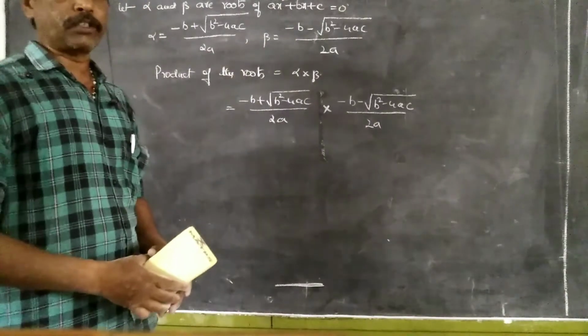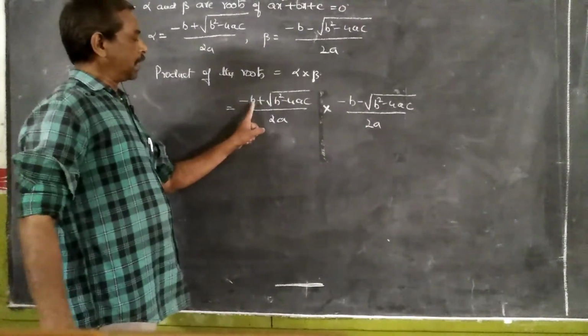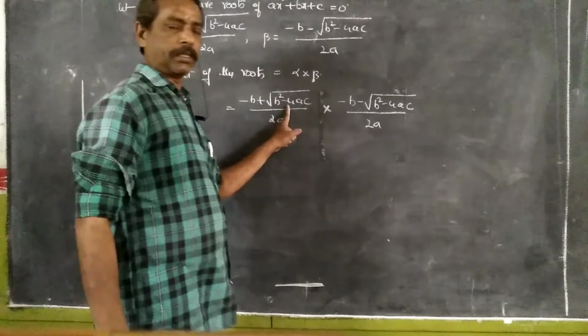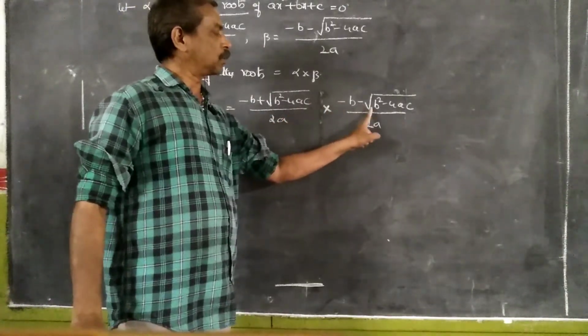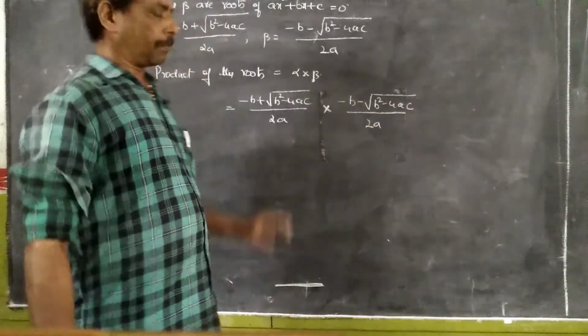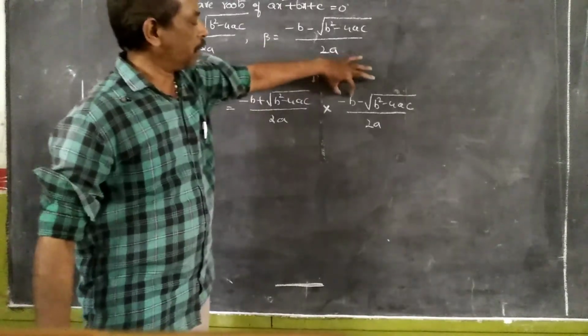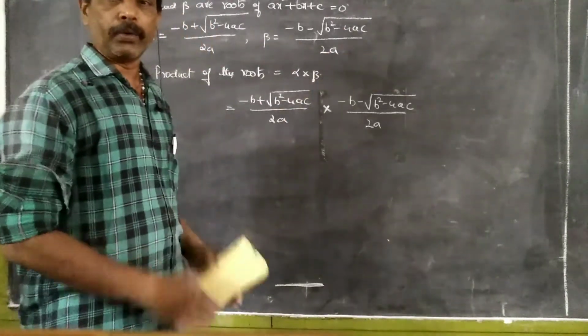In this product, observe the numerator: (−b + √(b² − 4ac)) into (−b − √(b² − 4ac)). That means (a + b) into (a − b).